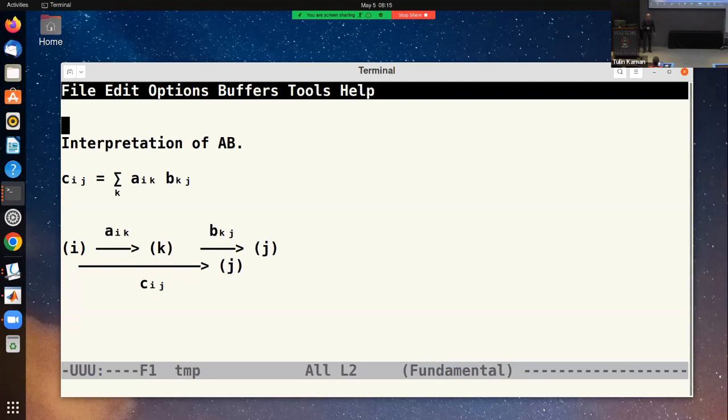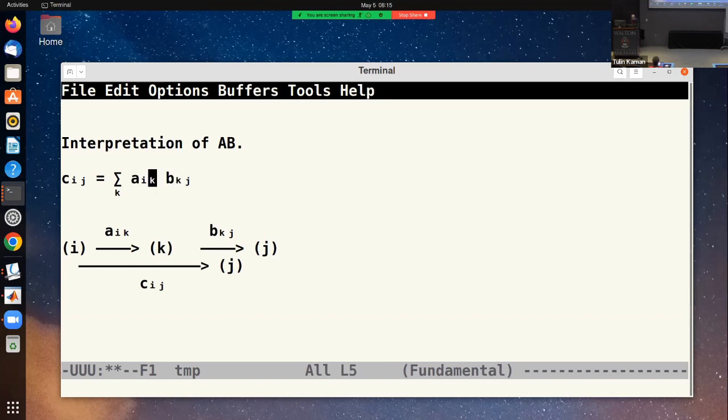So let's look at the product AB. Cij is equal to the sum of Aik times Bkj, right?